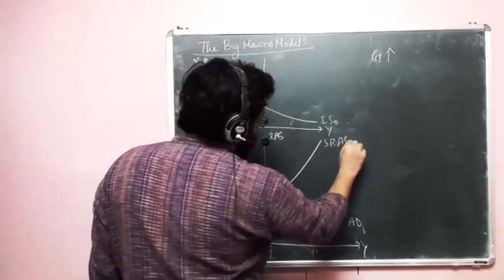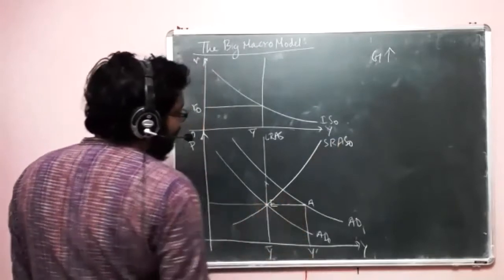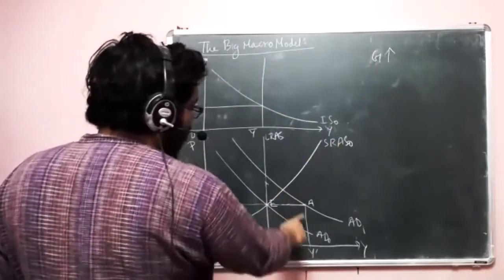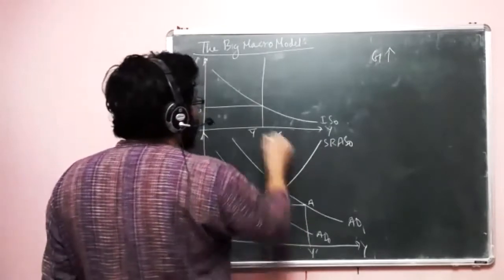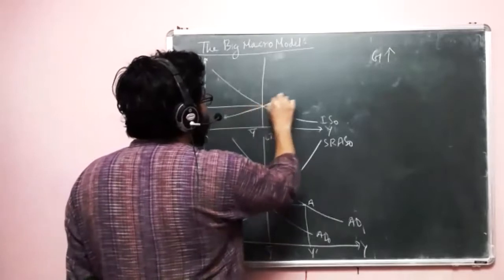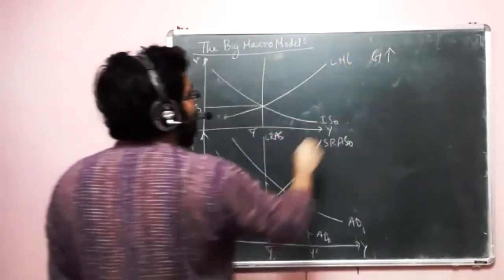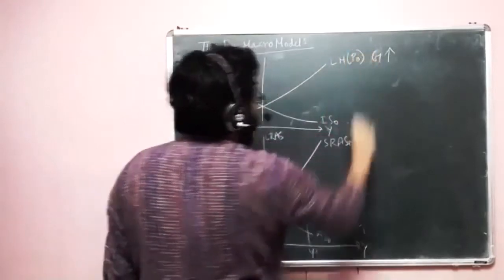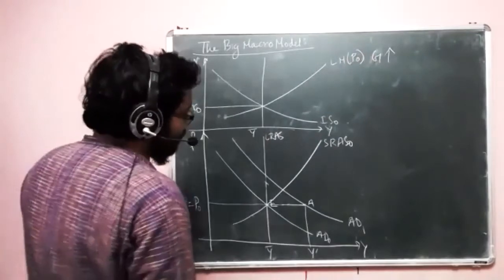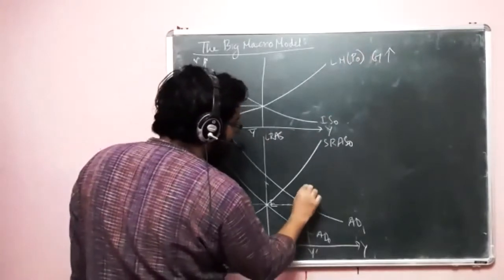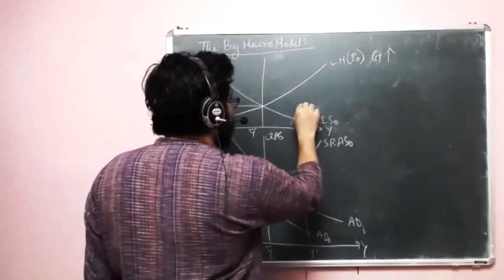so SRAS naught. I said that y hat belongs to ISLM. How is that happening? Let's check that out. Let's say this is the LM which corresponds to P naught, because as we know, ISLM is a price fixed model. So if I just extend this, I hope I'm drawing a straight line.